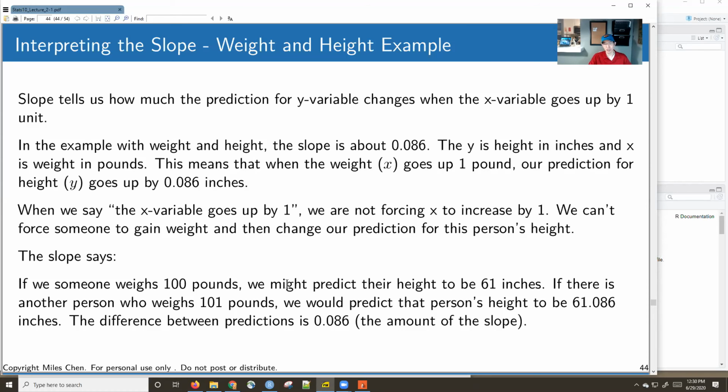If we're trying to predict someone's weight based on their height, you can't just tell somebody, hey, grow an inch, and we can predict how much weight you would gain or lose. That's not possible. It's more so comparing: this person is this tall, here's another person who's 1 inch taller or 1 inch shorter. How much is your prediction going to differ? That's what the slope means, all right?